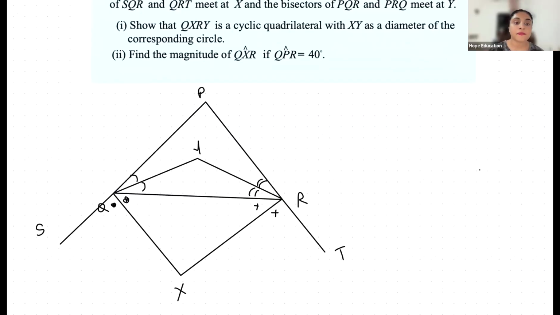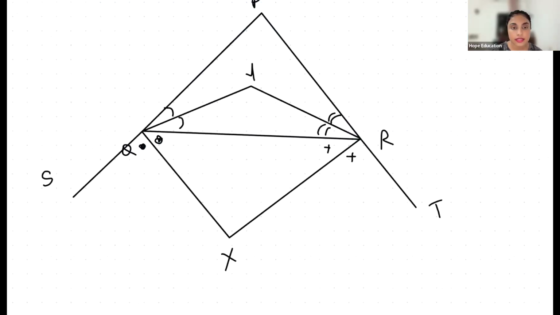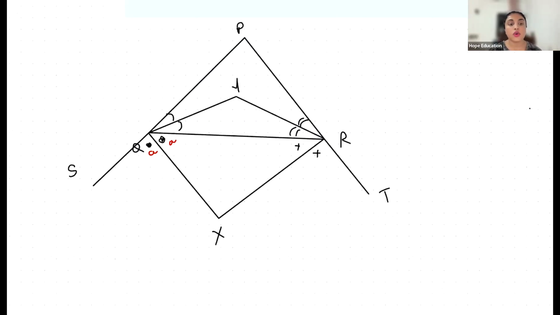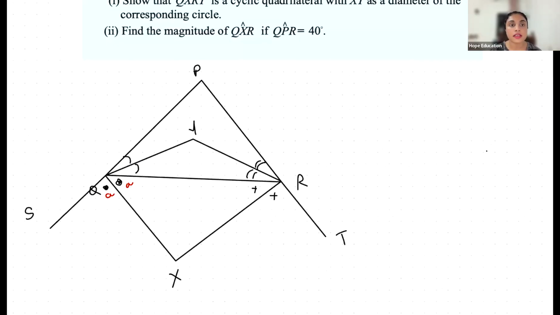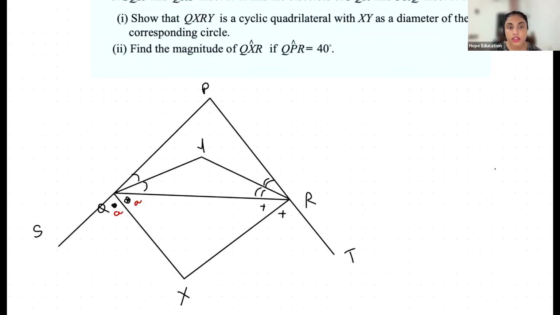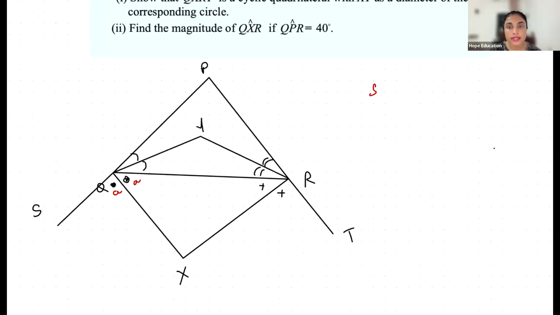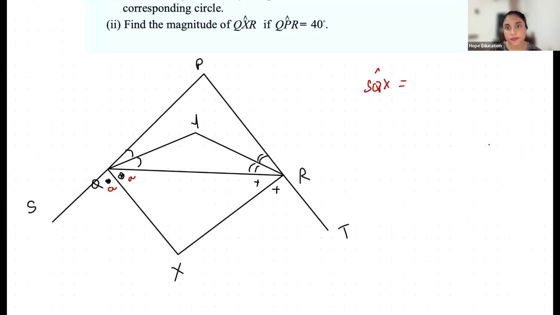Okay, let's see. Now here, I'm going to introduce letters. I will say that this is A, therefore this is also A because they're equal. So I will write that now since it is the bisector of SQR, therefore I can say SQX equals XQR, and I introduce the letter A for that.